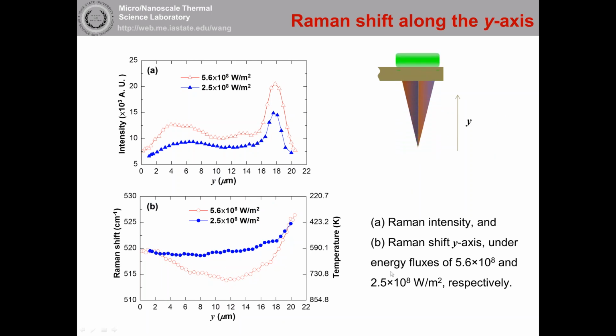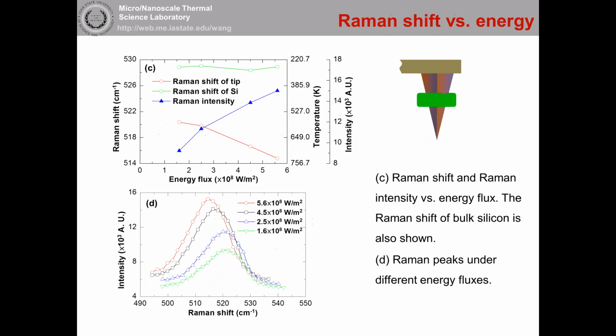We tried two different laser energies. The third one is in the middle of the tip, and we change the laser energy from low level to high level to see how the temperature goes up. This shows the same location. Nothing changed. The only thing we changed is the laser energy. For low laser energy, the green one, the peak is here.